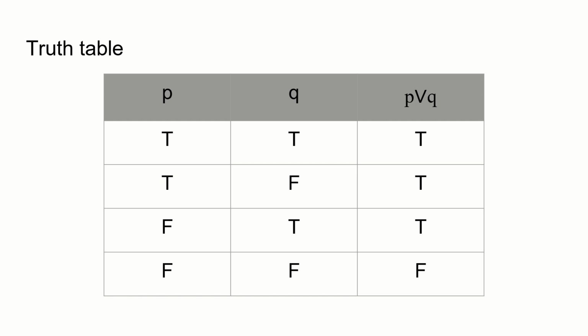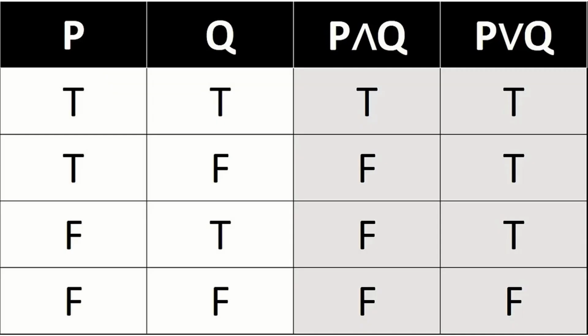And if their statements are both false, the disjunction will be false. So you can see if one of the statements is true, the disjunction will always be true. So here's a summary of what we learned about disjunction and conjunction.